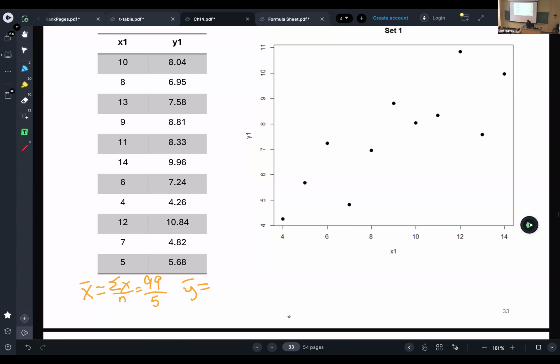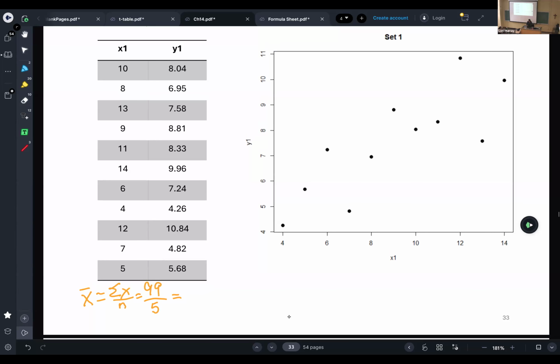Let's see if you get the sum. I get 10 plus 8 plus 13 plus 9 plus 11 plus 14. I believe it's 99. Or is it 9.9?